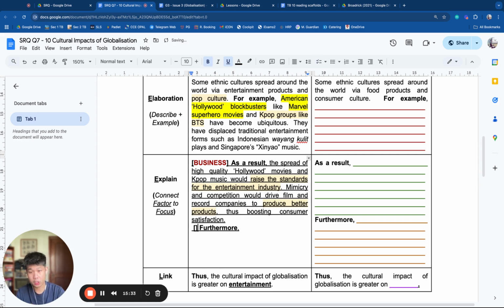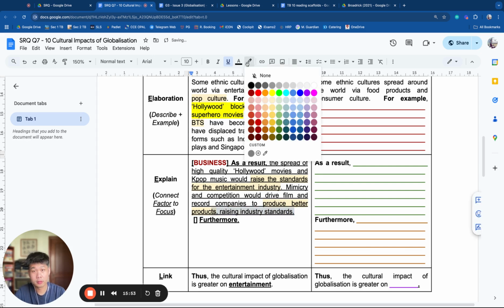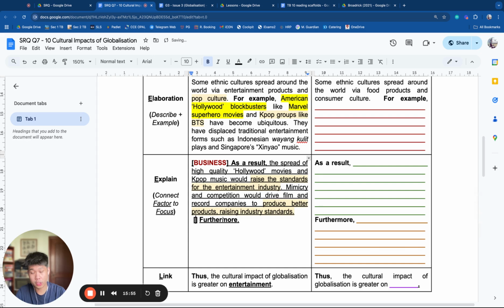One perspective is on how does globalization affect businesses. So by raising the standards, companies have to produce better products, thus raising the industry standards. So that's one impact. So now I want to think in terms of the second perspective on consumers.